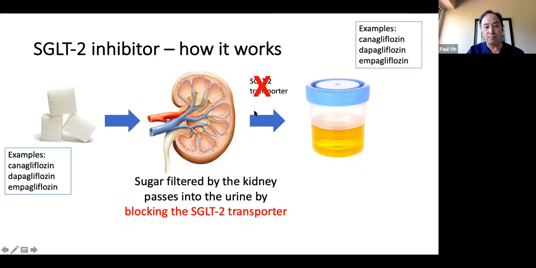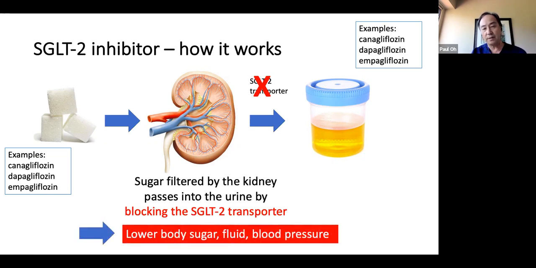But if we actually block the transporter with one of these medications, then more of the sugar will appear in our urine. So that's how they work, in a very interesting kind of mechanism. When we lose sugar, we'll also lose salt, and we'll also lose water into the urine. And that's how some of the other effects on the body can actually happen.